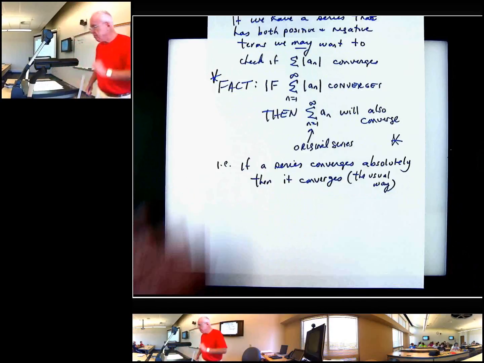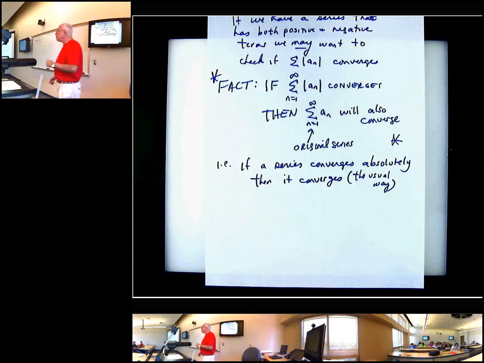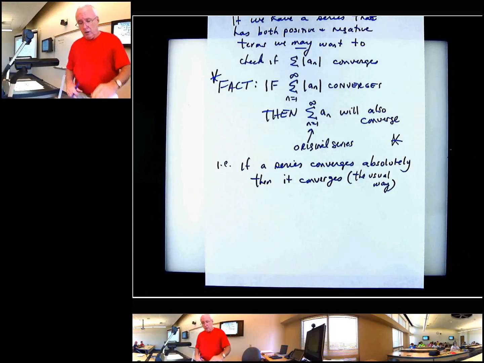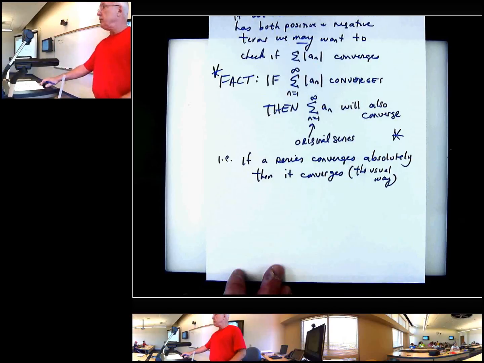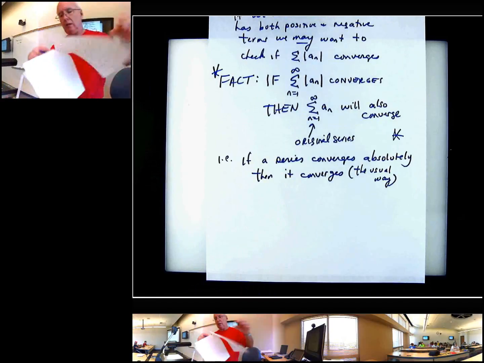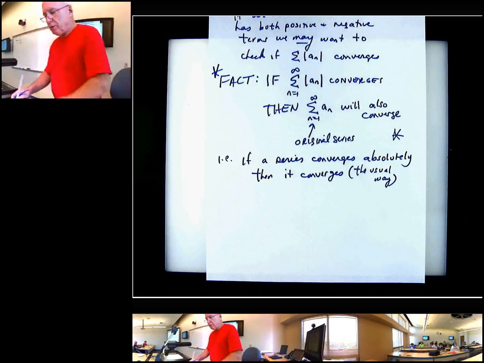So sometimes we might want to just check that. Does it converge absolutely? And if it does, we know it converges. So we're kind of clear on what that fact is. Let's take a 5-minute break before we go on, okay?